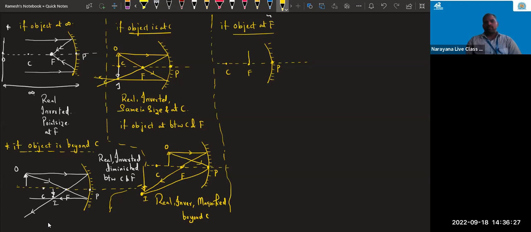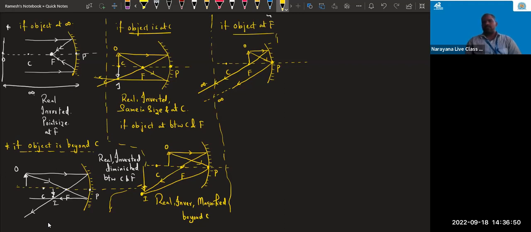If you place the object at the point of focus, one ray of light is parallel, how should it go? Parallel to the principal axis. Have you noticed these two reflected light rays? Both are going very far, no? They will meet at infinity.